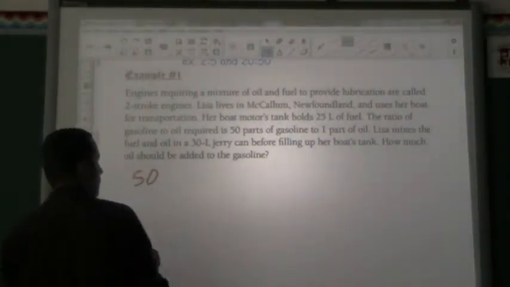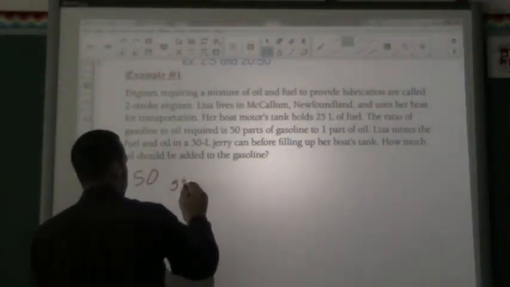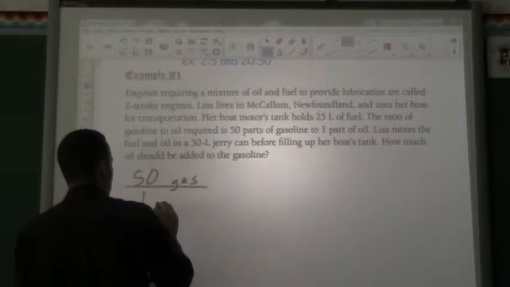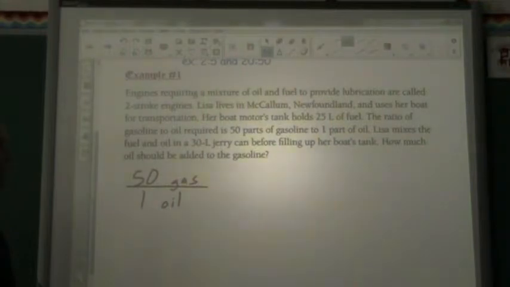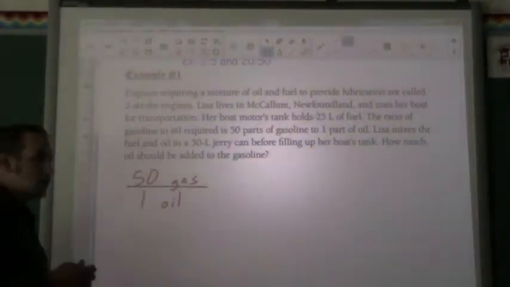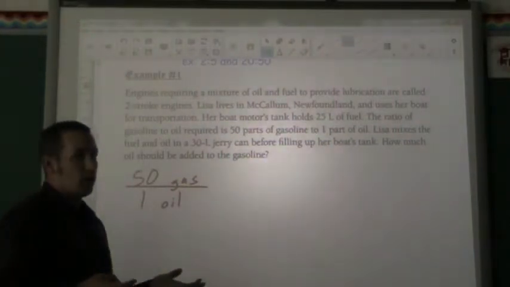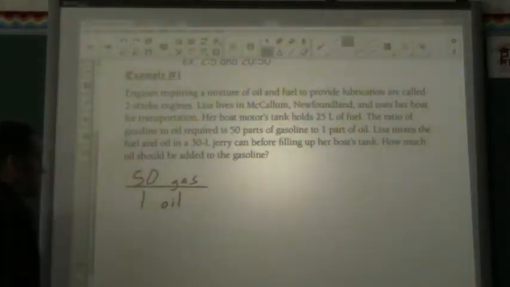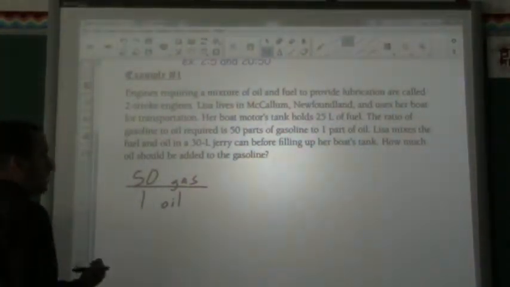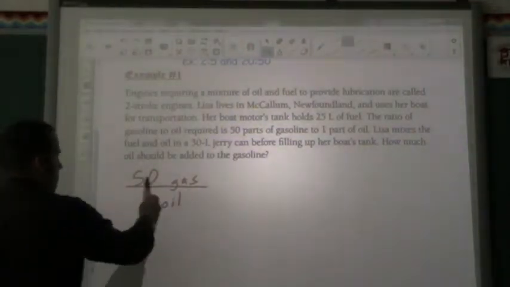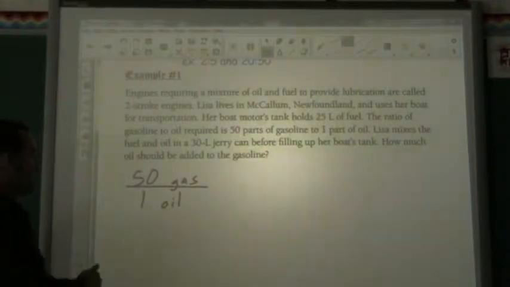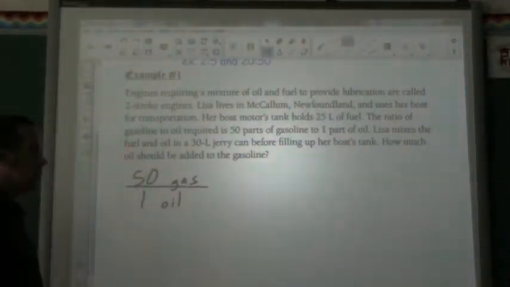So we'll put in 50 of gas to 1 of oil. And they could be talking any amounts of volumes, whether it be liters, which is the case here, or gallons. But in general, we'll usually be talking liters, which is what this question will have. So that's the mixture that this engine wants. It's 50 parts gas to 1 part oil.